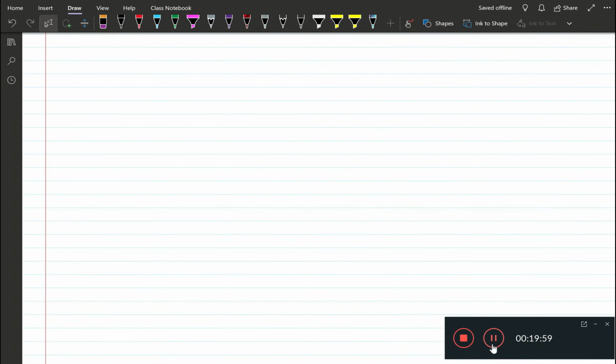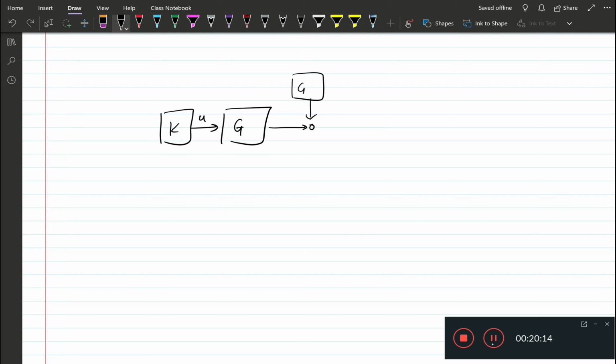So let's look at the loop again. We have a controller K sending an input U to the plant G. Then we have a GD and a D, looking through GD as a disturbance.